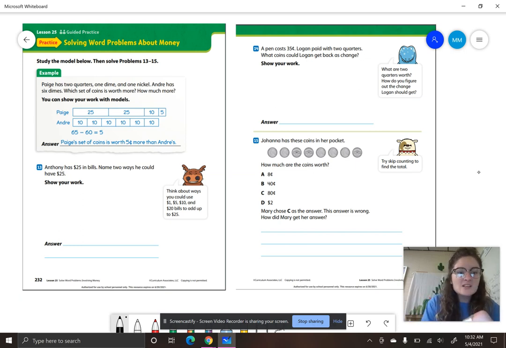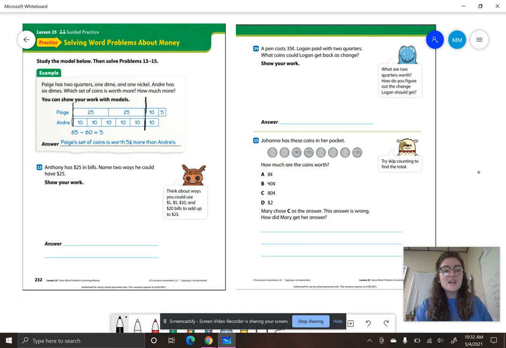The value of 2 quarters is the same as 5 dimes. Do you see how our tape diagram lines up with those dimes? So if 5 dimes are worth 50 cents, what is the value of 2 quarters, Smarties? It's also 50 cents. It's the same value.